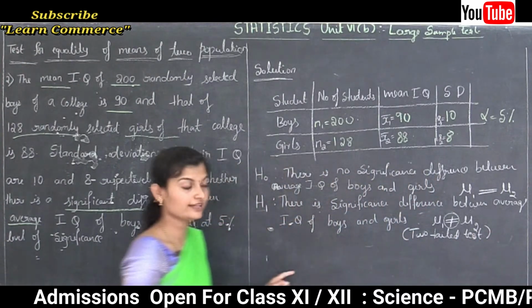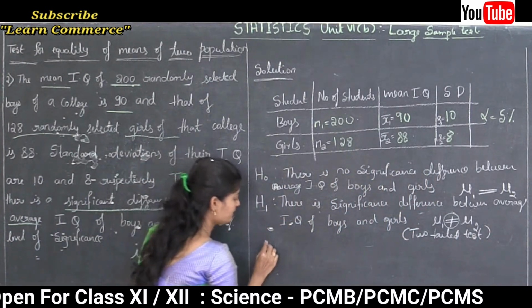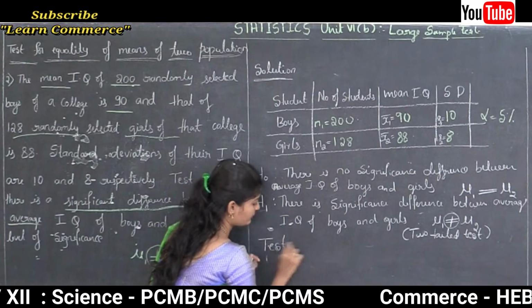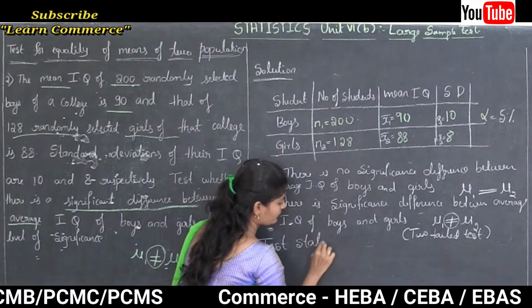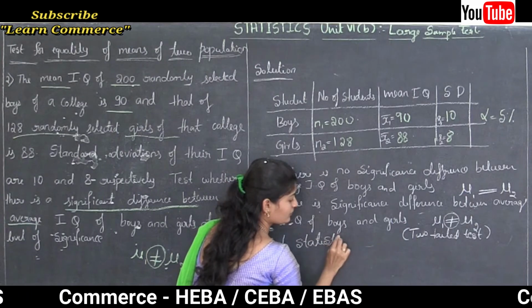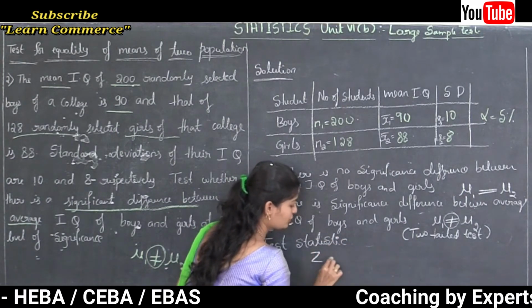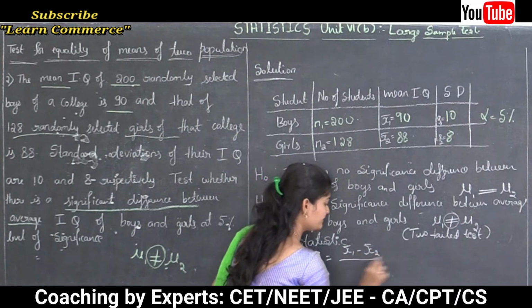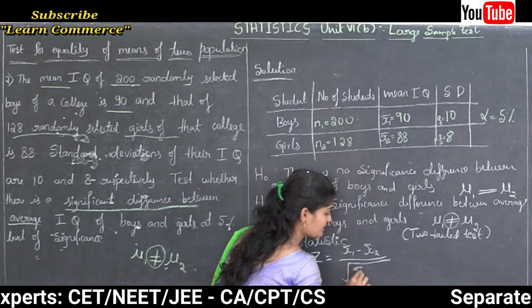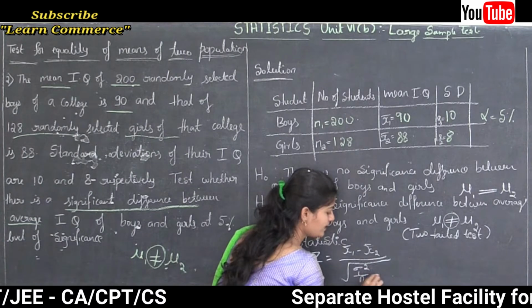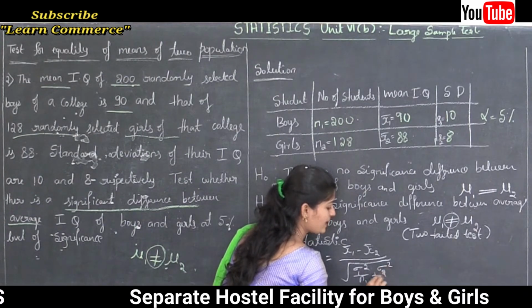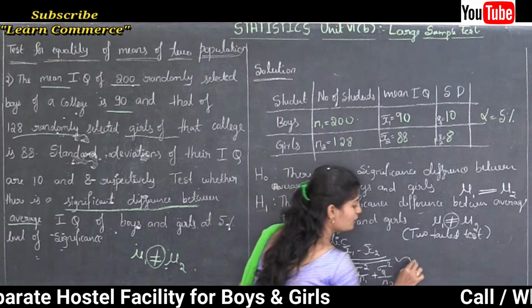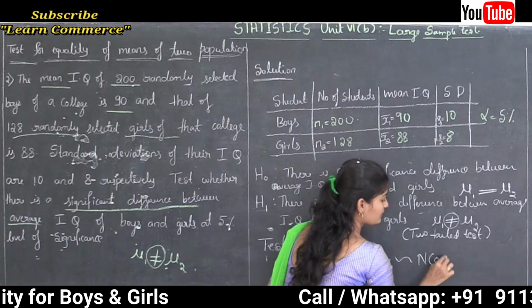Next, step 3, the test statistic. z is equal to x bar 1 minus x bar 2 divided by the square root of sigma 1 square divided by n1 plus sigma 2 square divided by n2, which follows normal 0, 1.